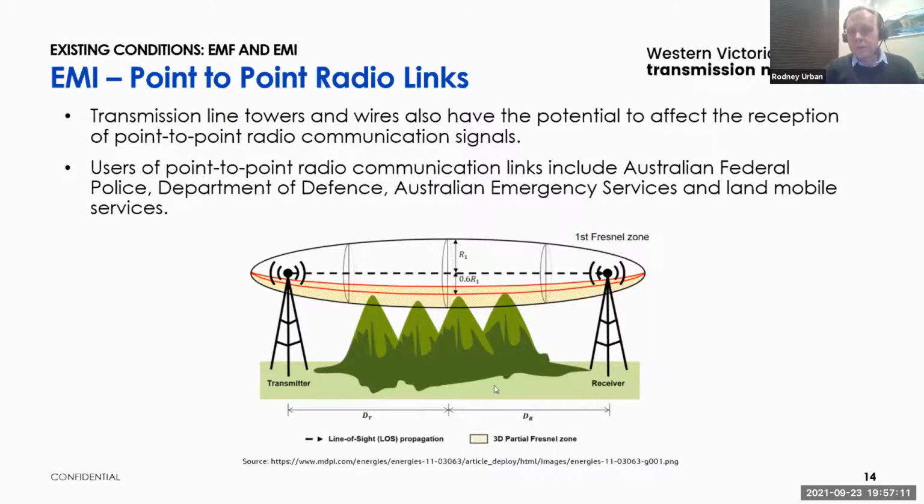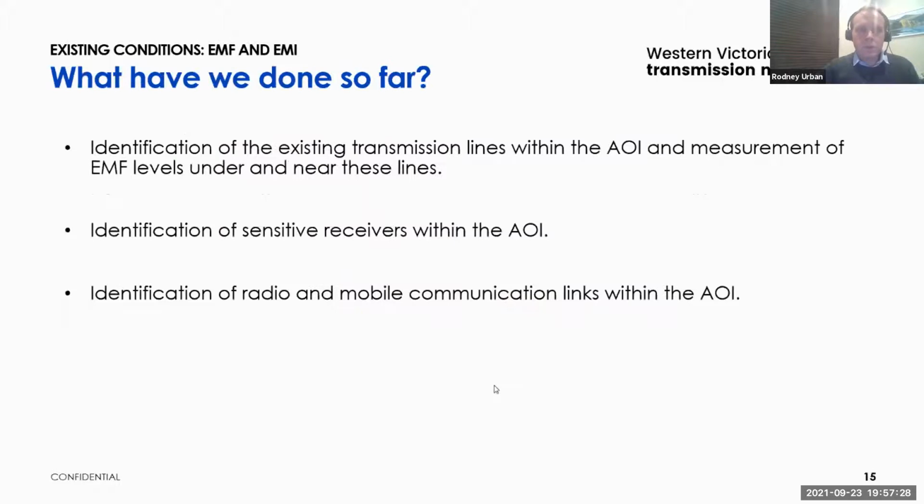Those effects are generally not that significant though, because these are conductive structures. They don't have a huge impact on the quality of reception of radio communications. But this is something that we do look at as part of the design process.